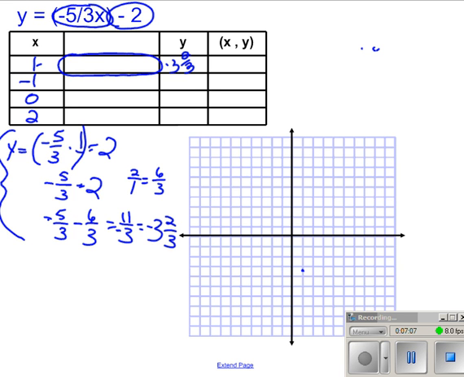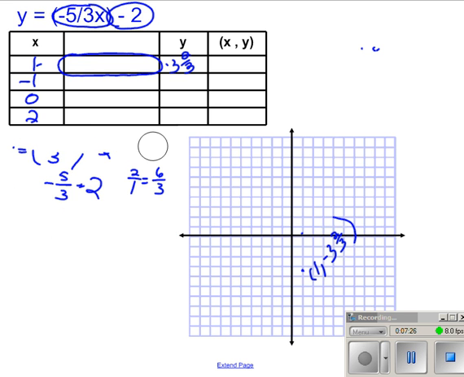I graphed my 1 and negative 3 2/3. All right, now I'm going to do negative 1. Now if I were you, I would not erase it, but I need the room, so I am going to erase this one.